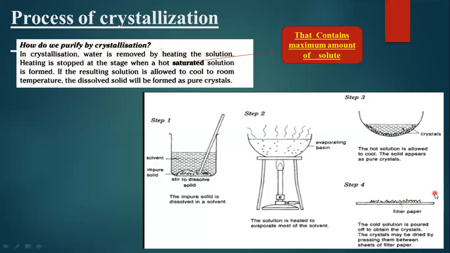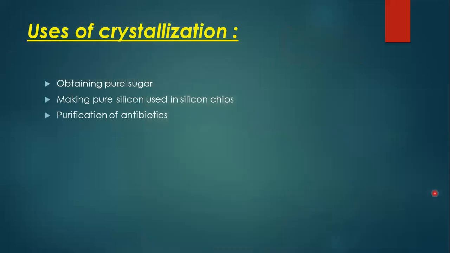So what kind of separations can we do by using crystallization? That includes obtaining pure sugar. If we have impure sugar and we want to purify it, we can perform crystallization. Along with making pure silicon used in silicon chips, microchips that are used in computers.